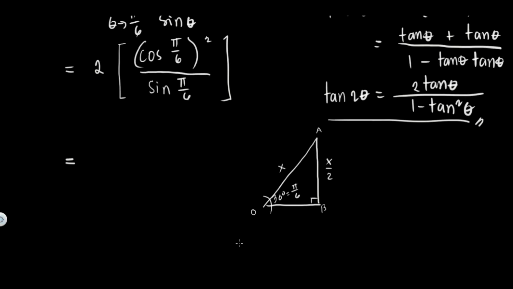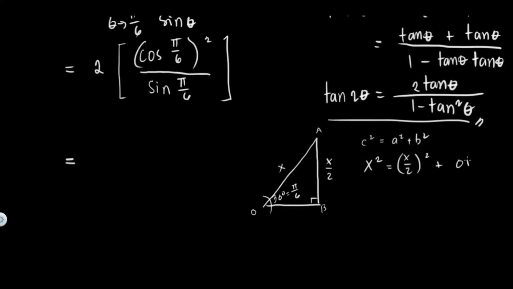Okay? Now, ano naman itong line OB? Yan ngayon ang isosolve natin. So, by Pythagorean Theorem, again, C square is equal to A square plus B square. So, C square, this time is X, no? So, X square equals X over 2 squared plus yung B square is OB.